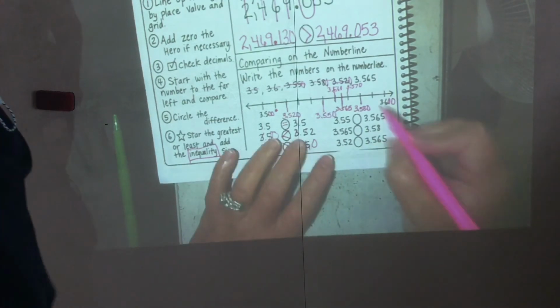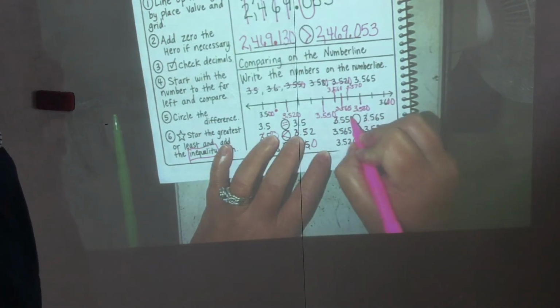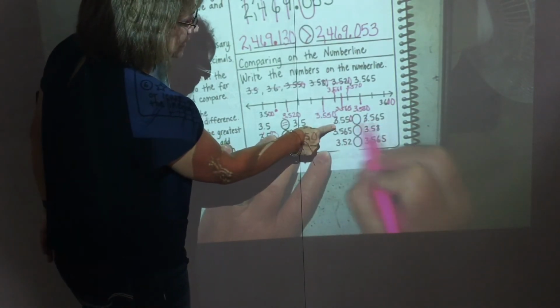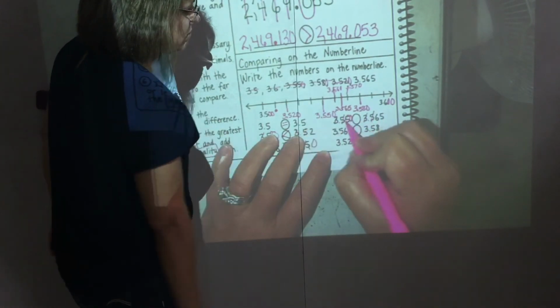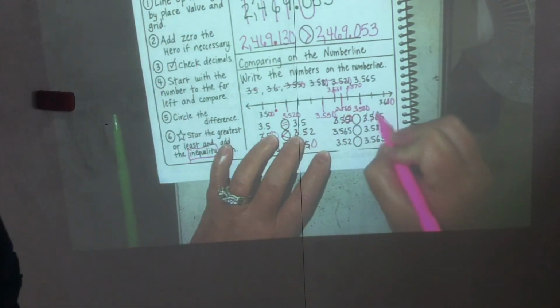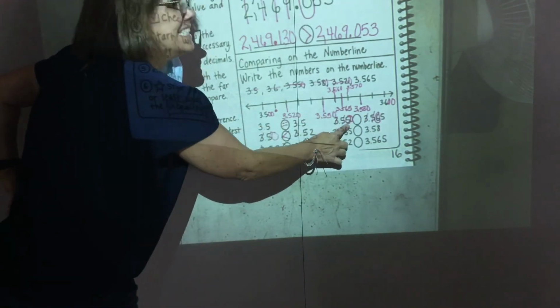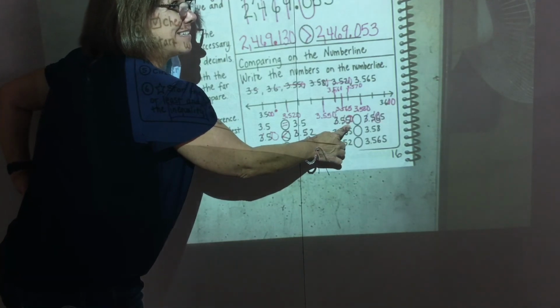3 wholes is the same. Oh, wait a minute. We can put the superhero in before we start. Oh, yeah, I got carried away. Go by the steps. I did a step. I put on the superhero. Now I've got 5/10 and 5/10. Then I have 5 hundredths and 6 hundredths. By not getting carried away, because I got carried away too quick, I need to slow down a little bit. The hundredths place determines it.